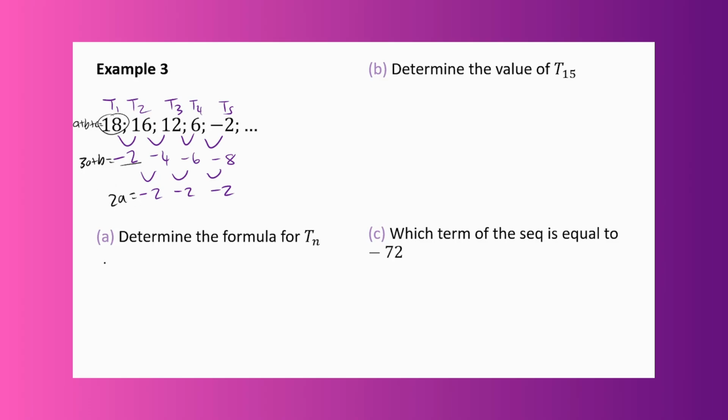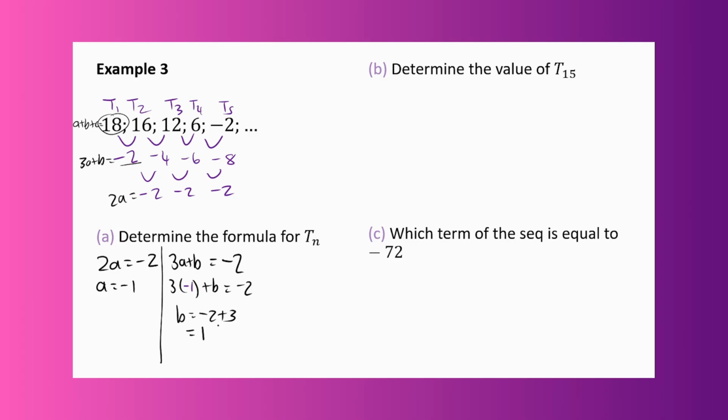Work from the bottom upwards. 2a is equal to negative 2. Divide by 2, so a is negative 1. This is a negative forever. Anyway, then 3a plus b is equal to negative 2. We already have a, so we can substitute that. So b will be equal to, this is a negative 3, so we add it on the other side, to get it to the other side.